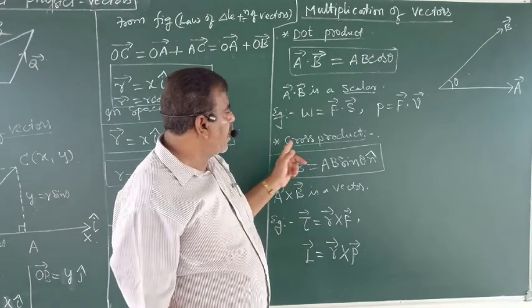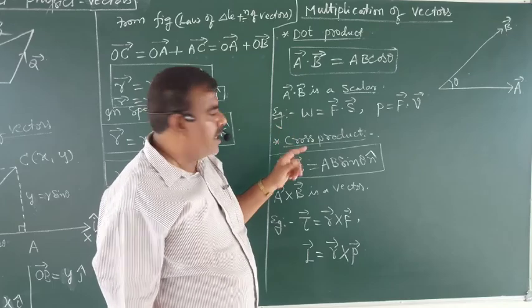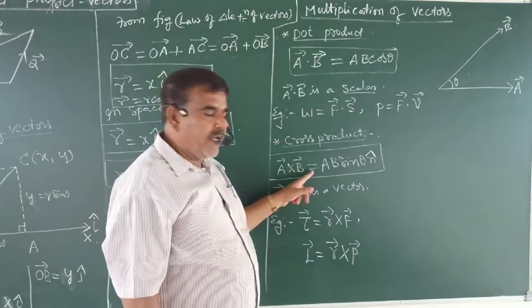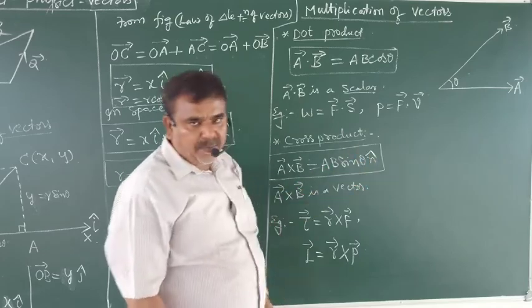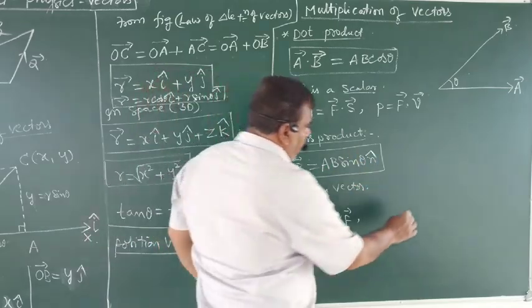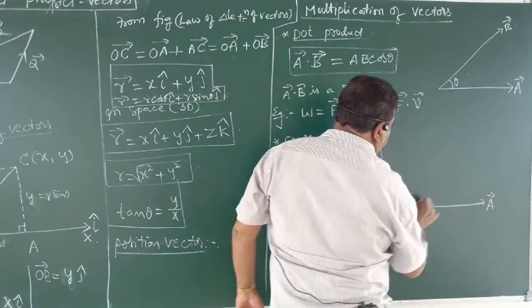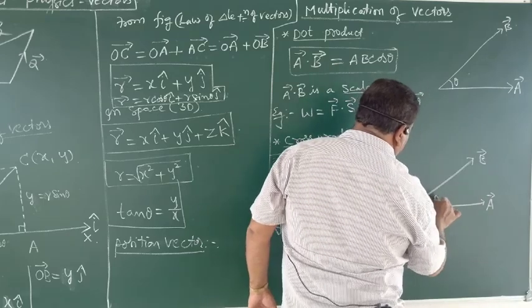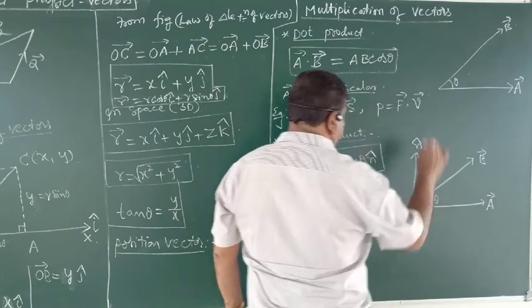Next we have the cross product of two vectors. The cross product is written as A cross B. It is defined as AB sin theta into n cap. You see, this is vector A, this is vector B, theta is the angle between the two vectors, and this is vector n.